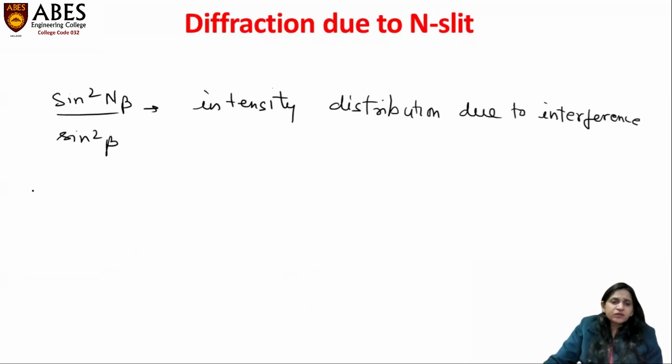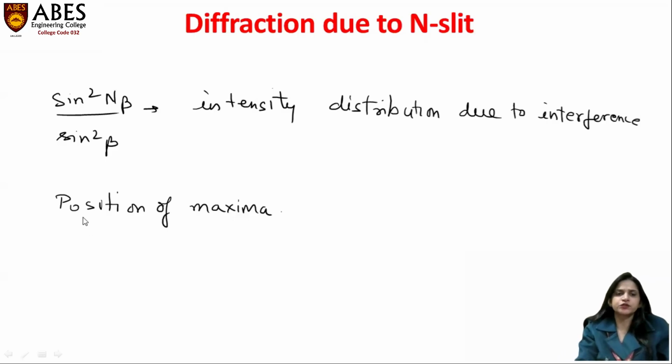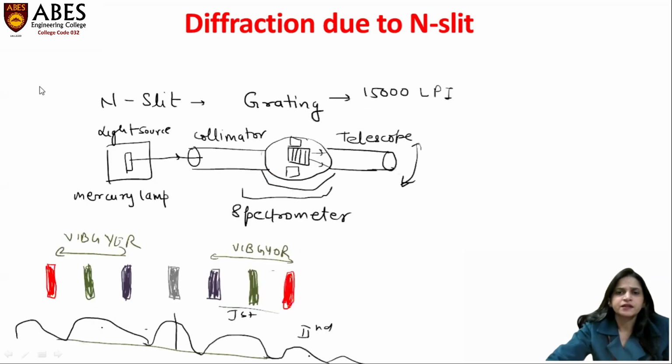Now we are going to calculate the position of maxima in this case. So what is the meaning of calculating the position of maxima? We are talking about this spectra that is formed with the help of grating.